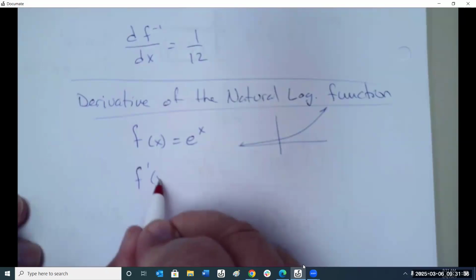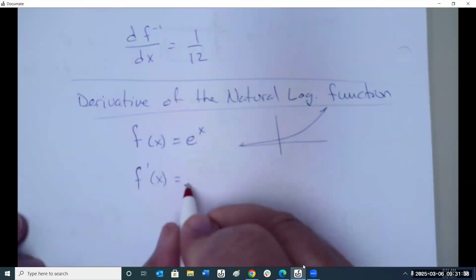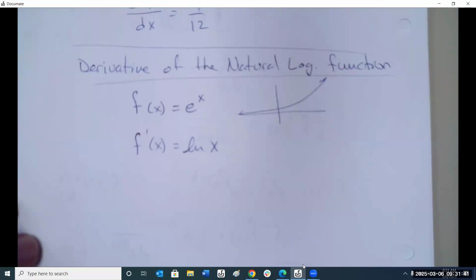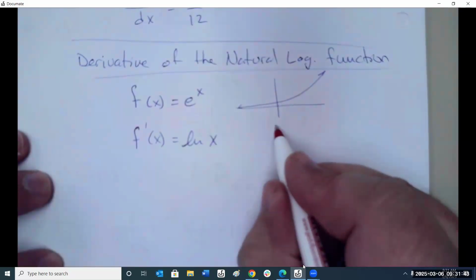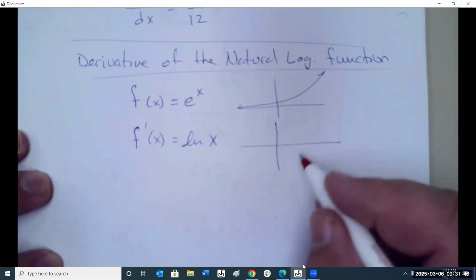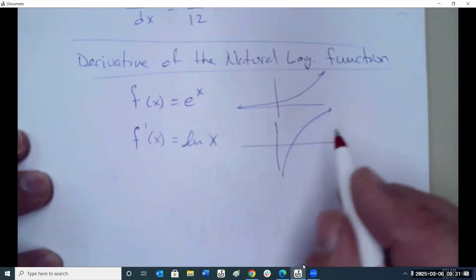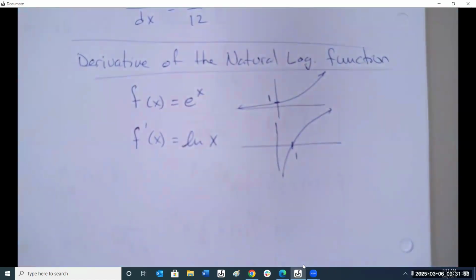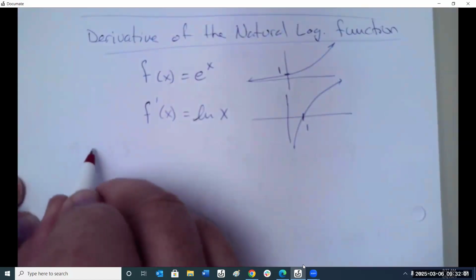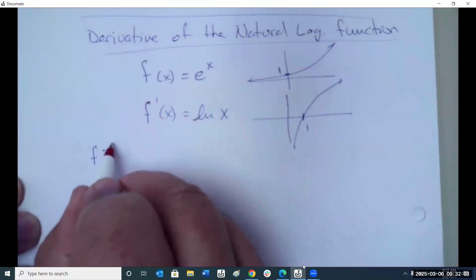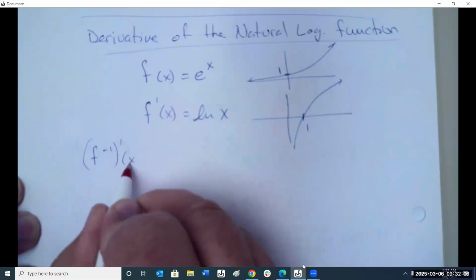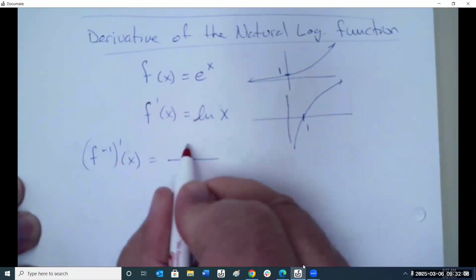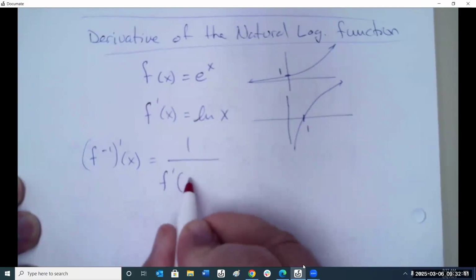The inverse of this function, which we calculated earlier, is the ln x function. What does that function look like? Because this one crosses that 1 there, this one crosses that 1 there. Okay, so from what we know so far, we know that the derivative of our inverse function is 1 over the derivative of that.